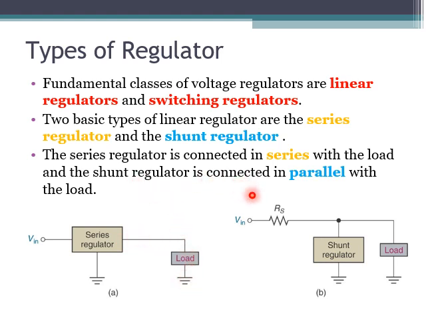And the shunt regulator is connected in parallel, in shunt with the load. Now do you understand how we are connecting the series regulator and the shunt regulator with the load? Clear?